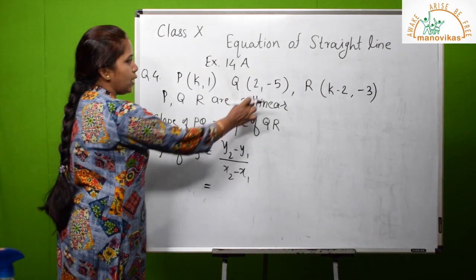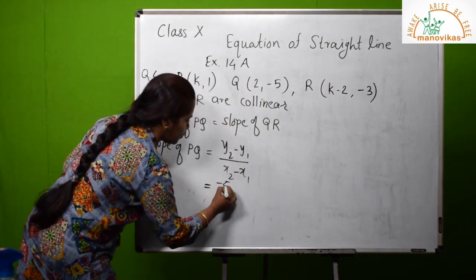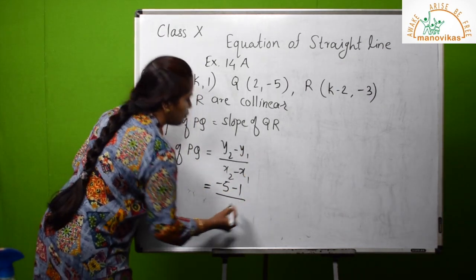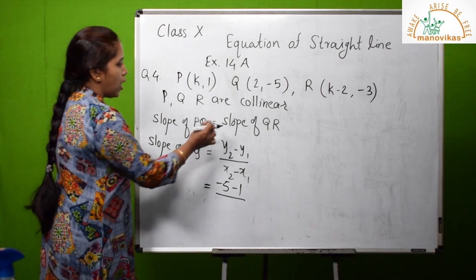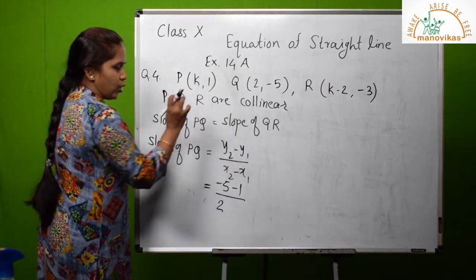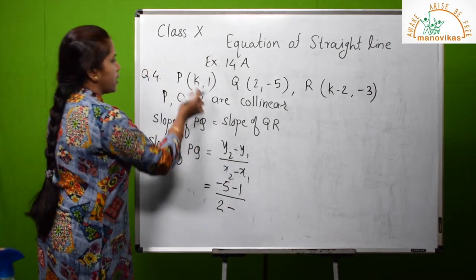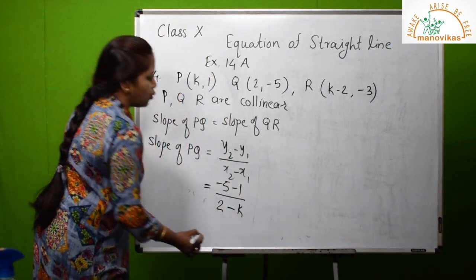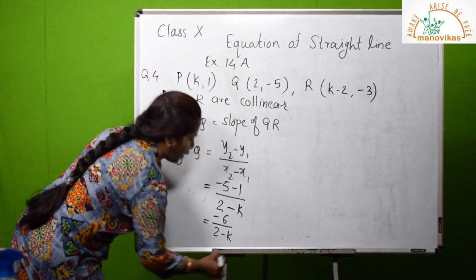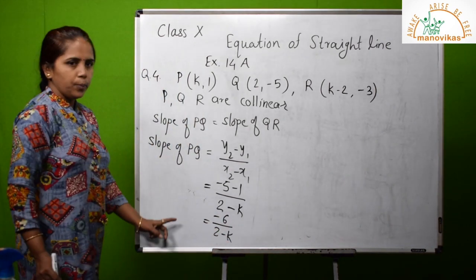Now your y2 value is minus 5 and y1 is 1, so minus 5 minus 1. Then x2 is 2, that is x coordinate of Q, minus x1 is k. So 2 minus k, that is equal to minus 6 upon 2 minus k. This is slope of PQ.